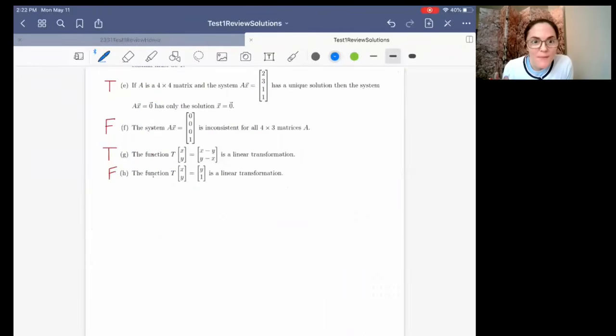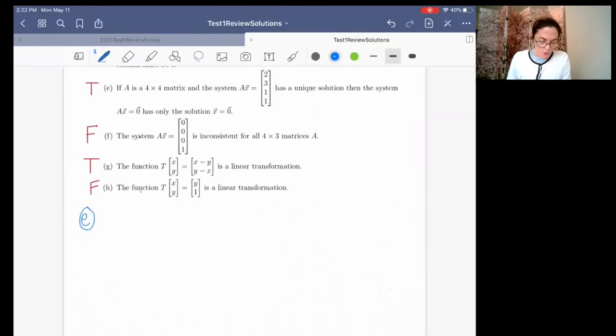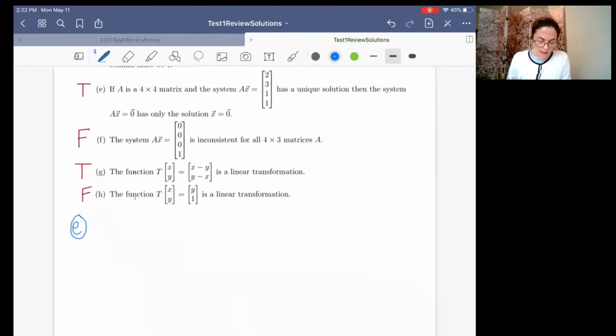Okay, so here what do we see? This is letter E. If it says it's true, well, let's discuss why. We have a unique solution. This means there are no free variables.